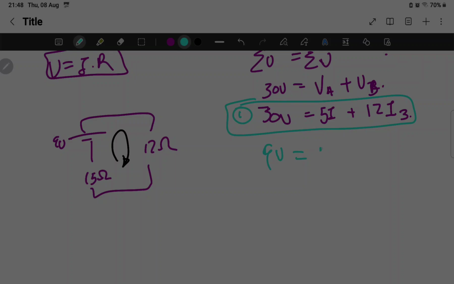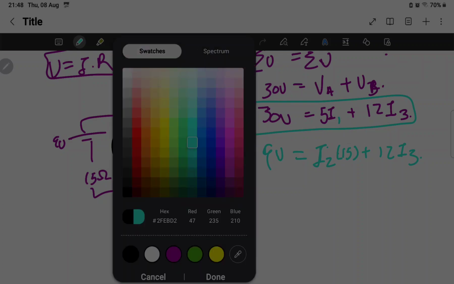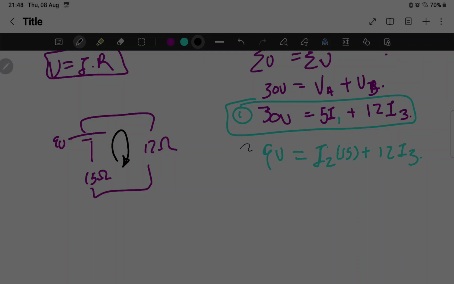We have the IR, so our current would be I2. This here is I1, that's I3, I2 multiplied by 15 plus 12 I3, and this here is our equation number 2.